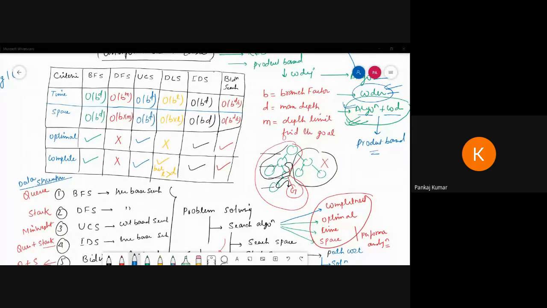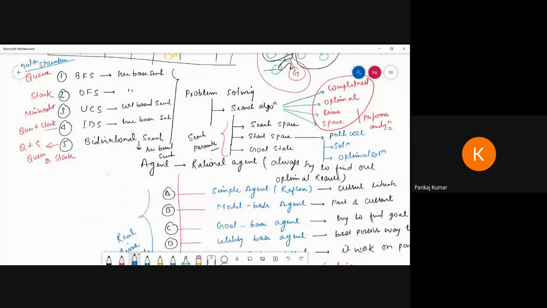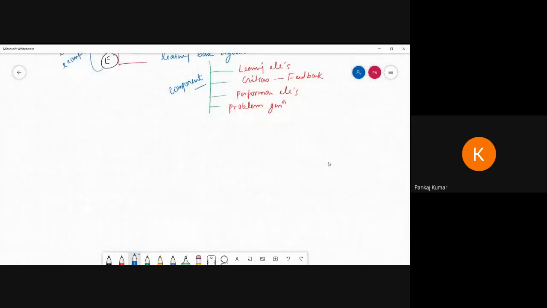From the next class, we are going to start informed search. In informed search, we are going to study A star, best first search, and AO star.